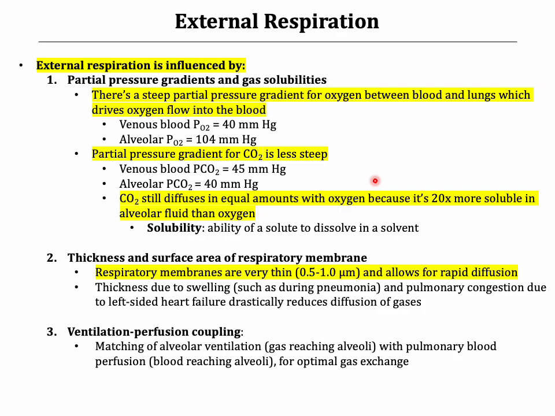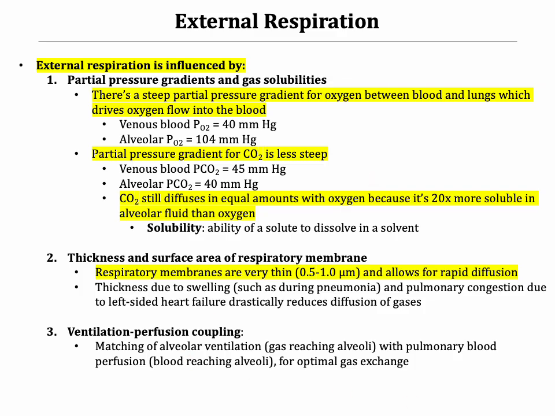Then the thickness and surface area of the respiratory membrane. Well, the respiratory membrane is normally very, very thin, and that allows for very rapid diffusion. If there's any thickening of that respiratory membrane, such as what occurs during inflammation and infection, that can drastically reduce the gas exchange that takes place, just because it's really affecting that thickness, really slowing down diffusion.